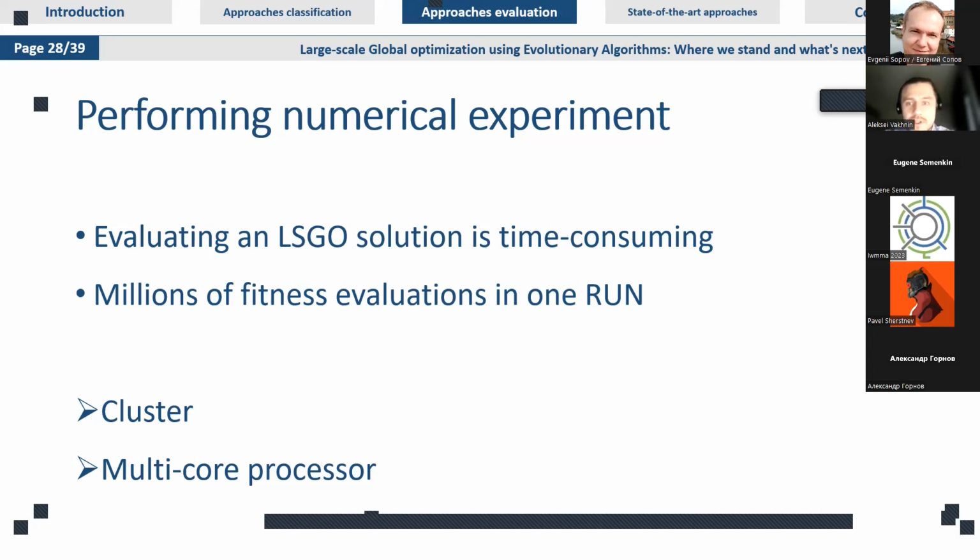Every year we can see more powerful processors and machines, but anyway, it's still a challenging task if you'd like to evaluate some approach many times with different parameters to collect statistics. I strongly recommend using a cluster or at least a multi-core processor to parallelize experiments.